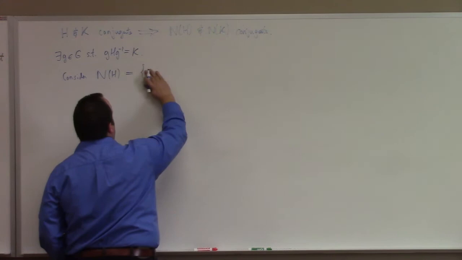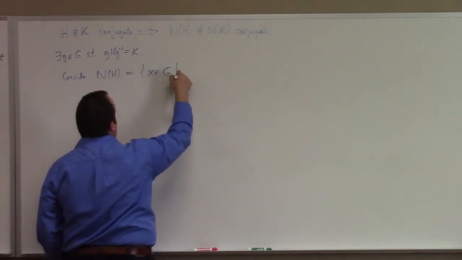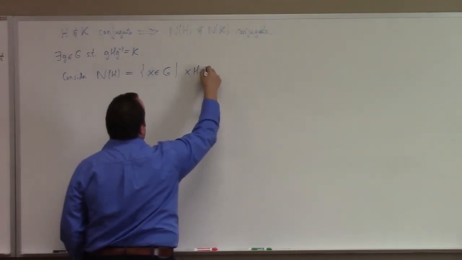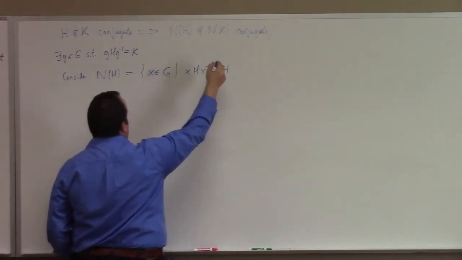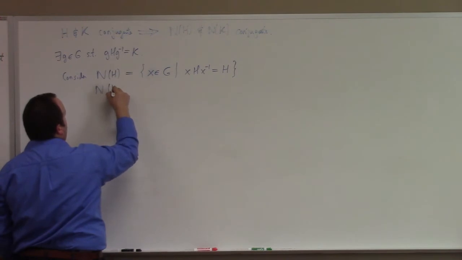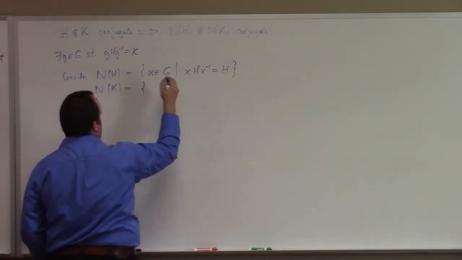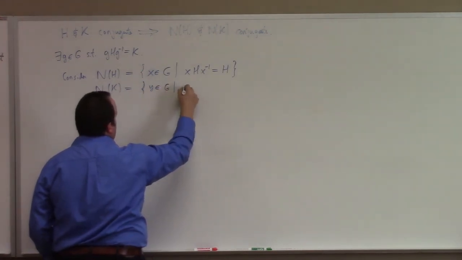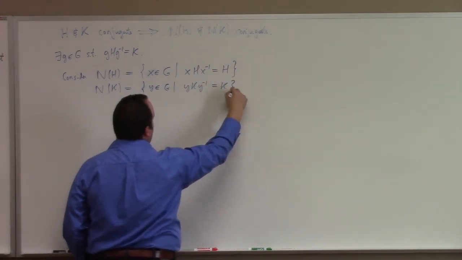Ooh, I should probably not use G. Let me use x in G such that xHx inverse equals H. And likewise, the normalizer of K would be, let's say, I'll use y in G such that yKy inverse is equal to K again.